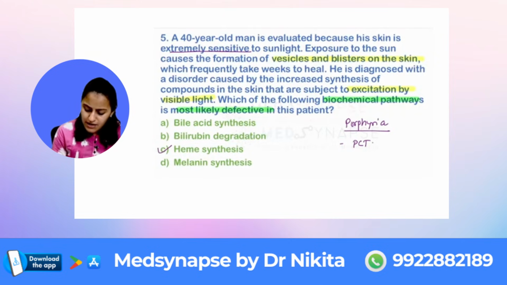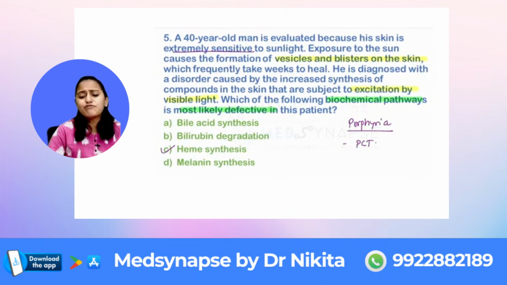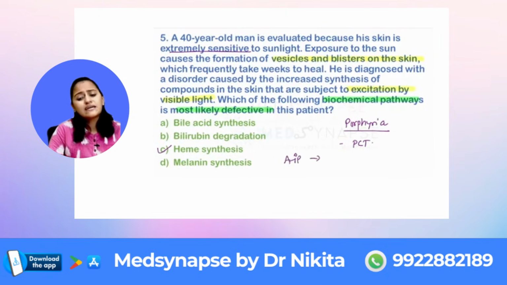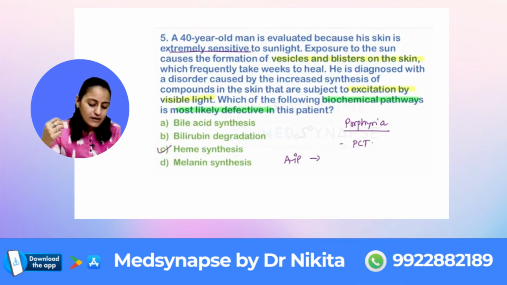Do you have acute intermittent porphyria? Is there photosensitivity like this in acute intermittent porphyria? Is there only photosensitivity, or is there no photosensitivity? Is it neurovisceral? What kind of porphyria is acute intermittent porphyria? Very, very important point to be remembered.